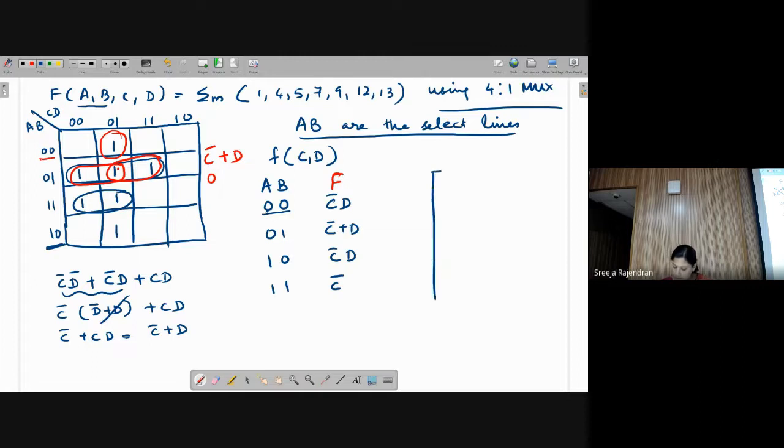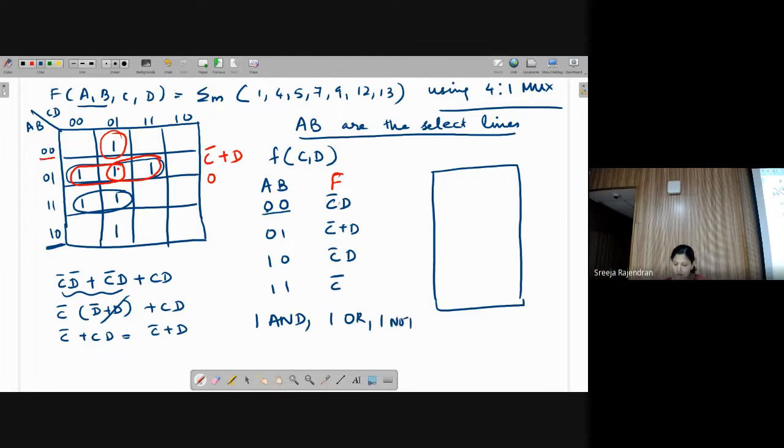I have the mux. I need one additional AND gate, one OR gate, and one inverter. I will have one AND, one OR, and one NOT, if I have to do it additionally.